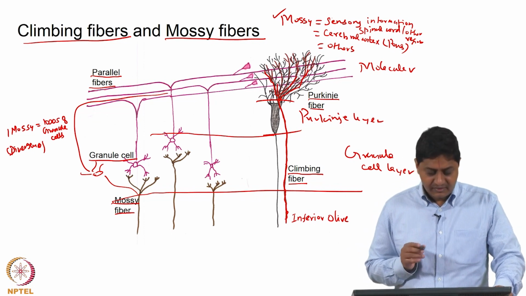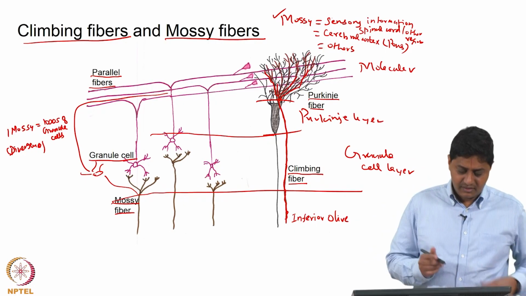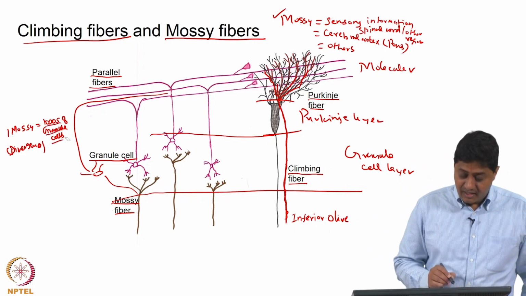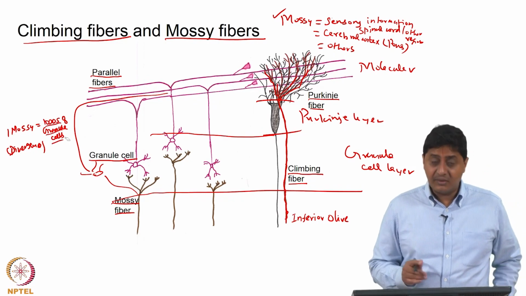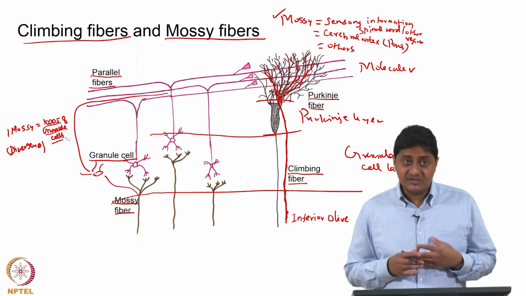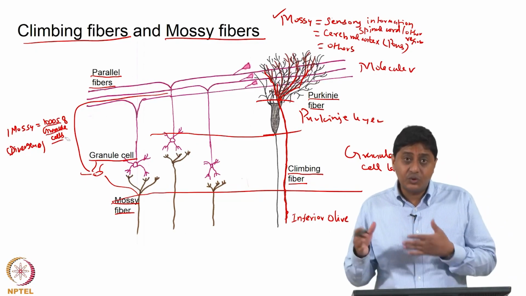Let us remember that one mossy fiber can innervate thousands of granule cells, and the number of inputs received by each Purkinje cell from parallel fibers can be of the order of 250,000 to 1 million.